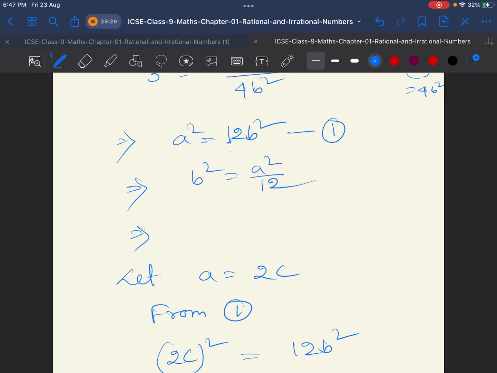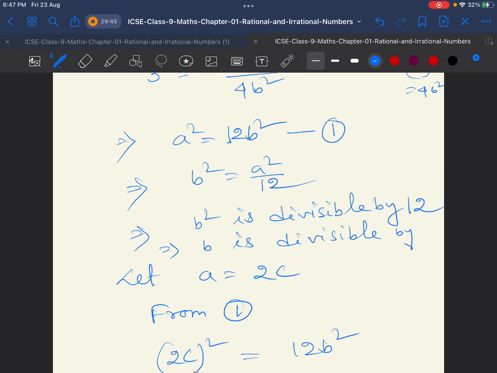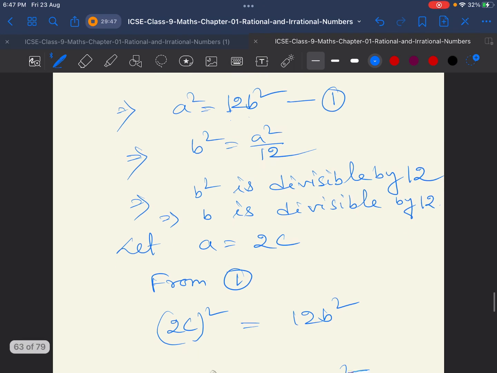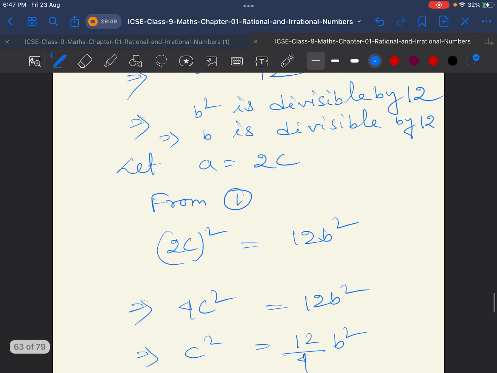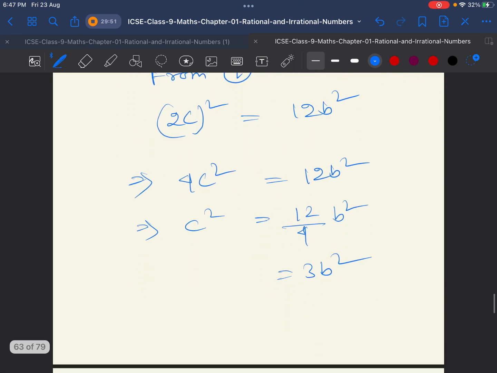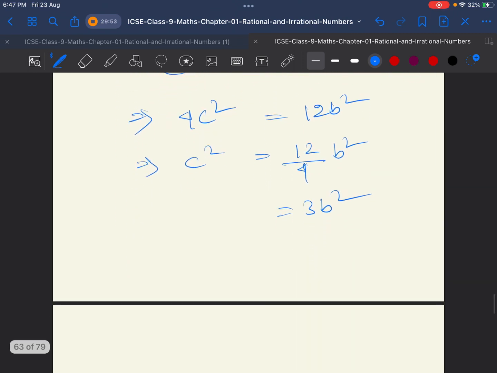Okay, so b square is divisible by 12, also b is divisible by 12.